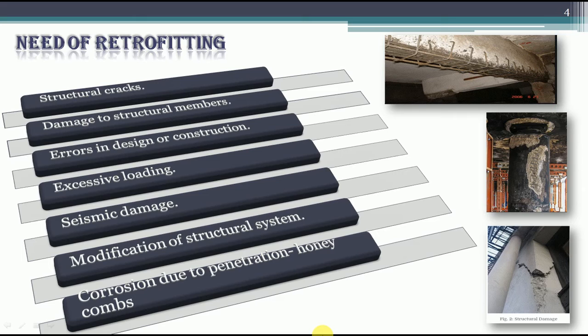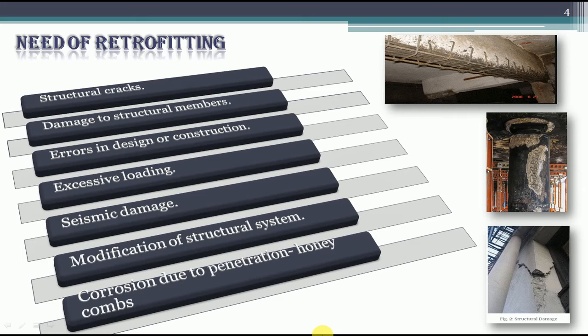For example, if an auditorium is converted to an industrial building, the load acting on the auditorium is different from the load acting on the industry. In the case of an industrial building, there are many heavily loaded machineries, etc. So, an industrial building is heavily loaded compared to an auditorium.